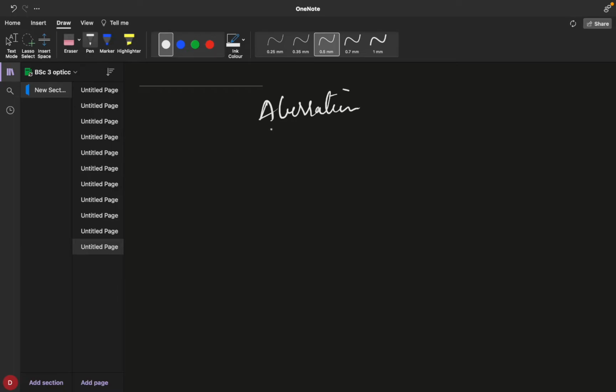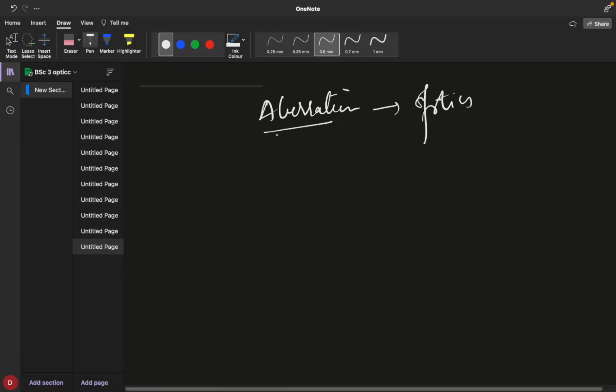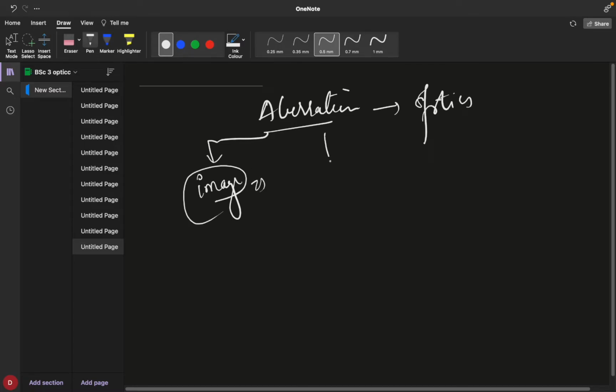Aberration. Alright. So aberration, where in optics can we see aberration? We can find aberration in our image. Simply, aberration means defect or distortion.